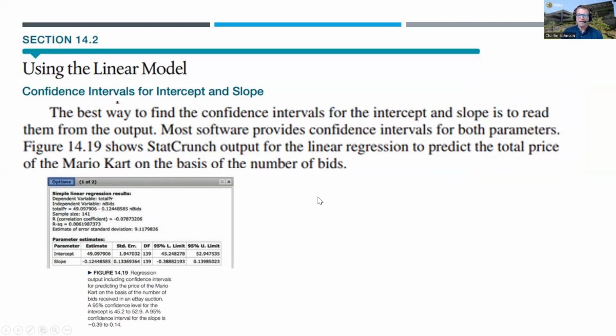The best way to find the confidence intervals for the intercept and slope is to read them from the output. Most software provides confidence intervals for both parameters, and figure 14.19 shows the StatCrunch output for the linear regression to predict the total price of the Mario Kart on the basis of the number of bids.